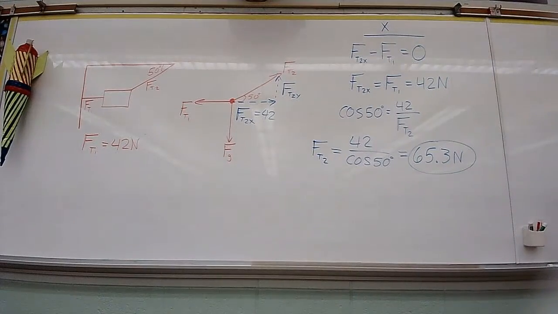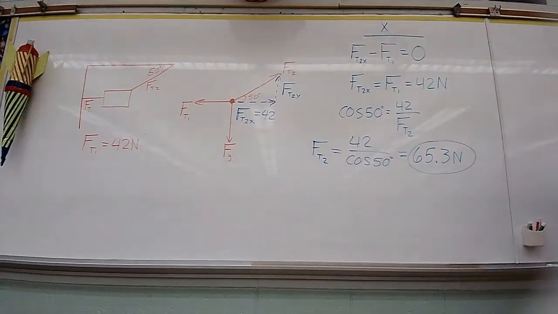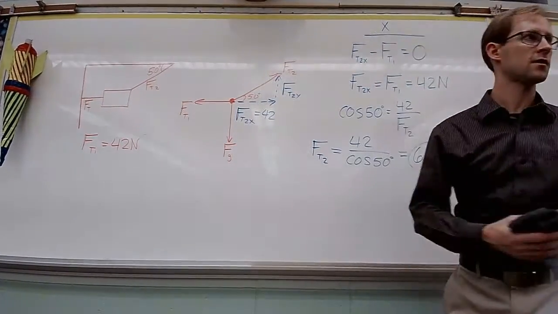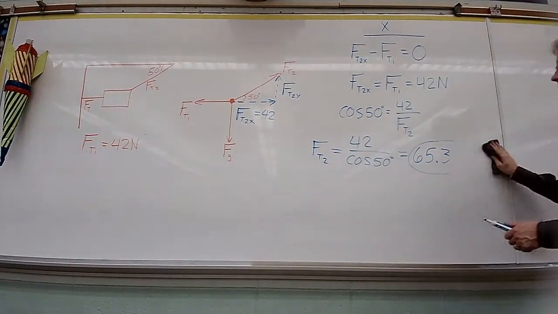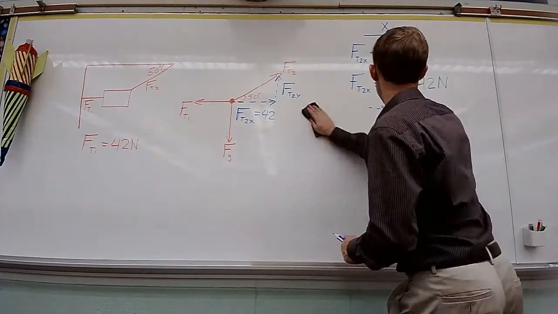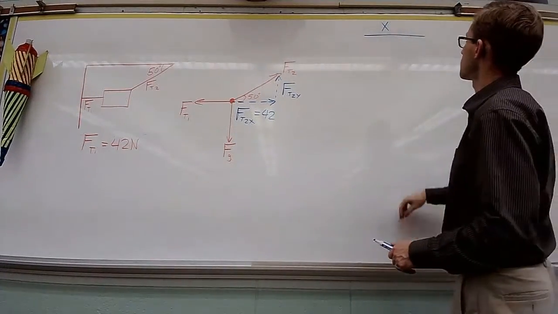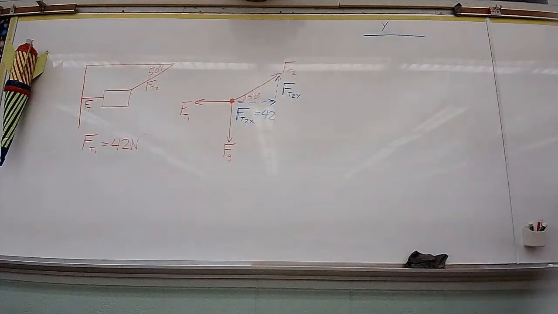So that's as far as we can go in the x direction. Now, if we want to solve for force of gravity, we've got to look at what's going on in the y direction. Because after all, force of gravity is a vertical force. So we need to start looking at some vertical forces. So vertically in the y direction, I've got two forces.